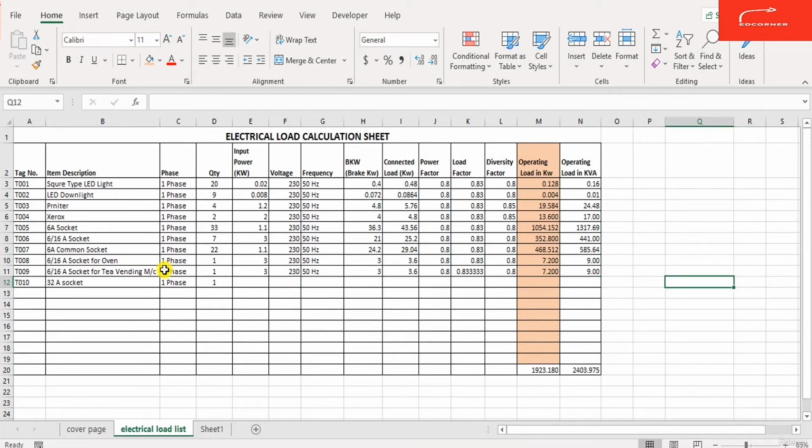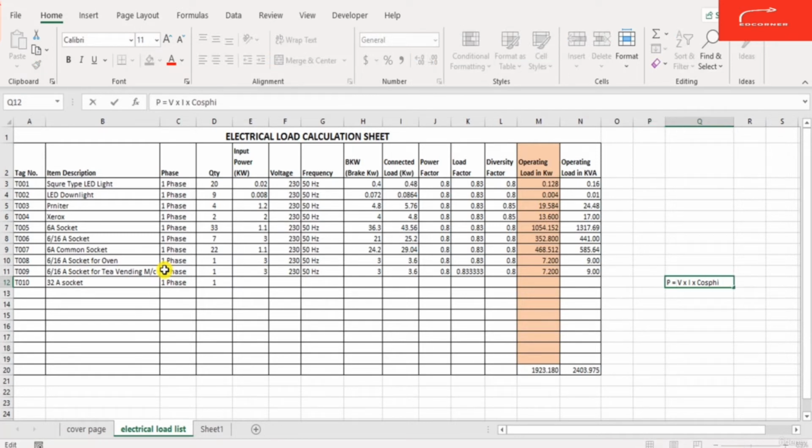For example, by the same calculation, P means power, is equal to volts, then ampere means current, that is I, and the last one is cos phi. But here, if the power is required for 32 ampere, it may be 3-phase.